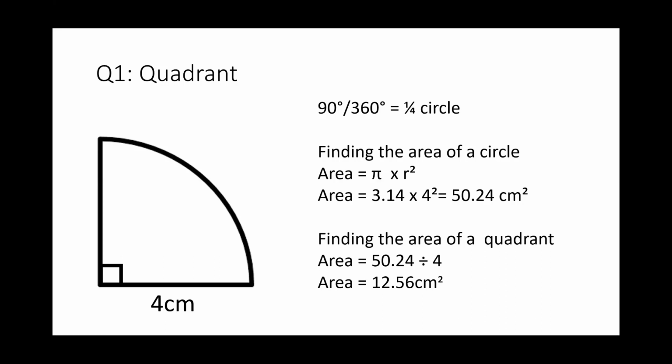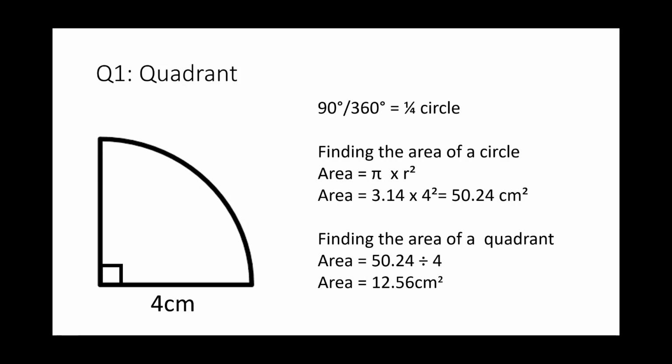The formula for this is pi times radius squared, or in other words, 3.14 times 4 squared, because the radius is 4 centimeters. By doing this, you will have the answer, which is 50.24 centimeters squared.